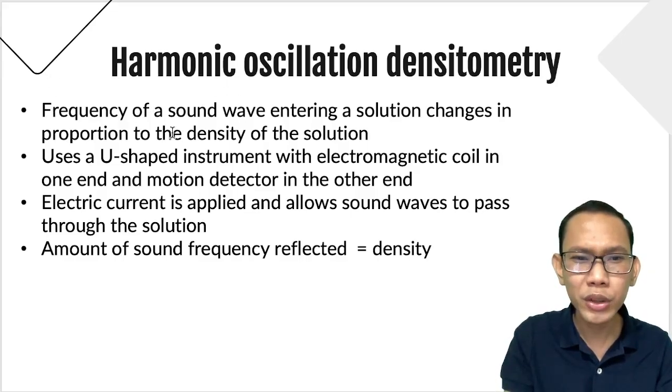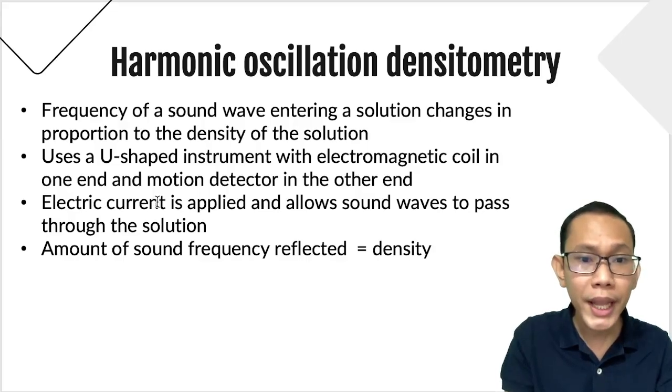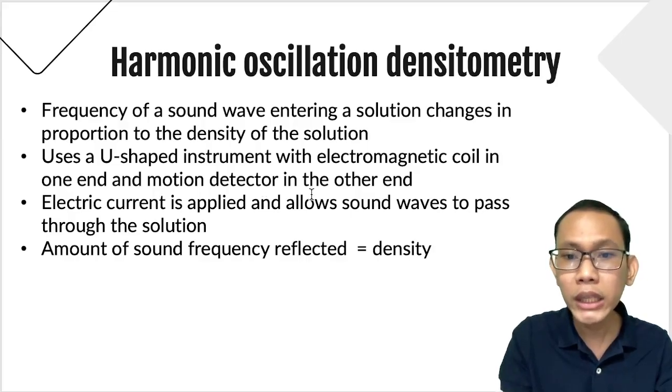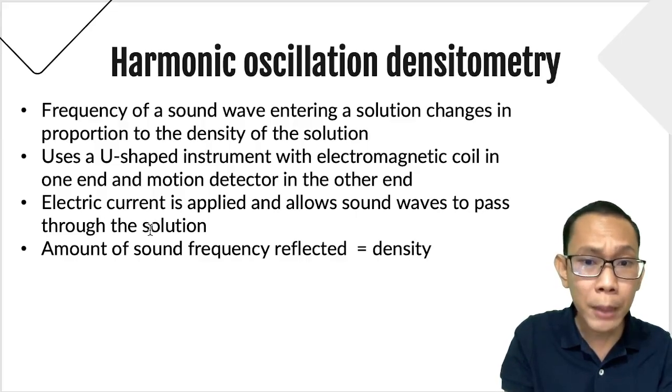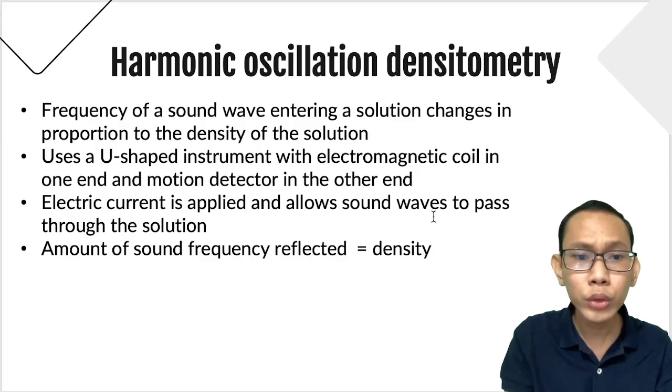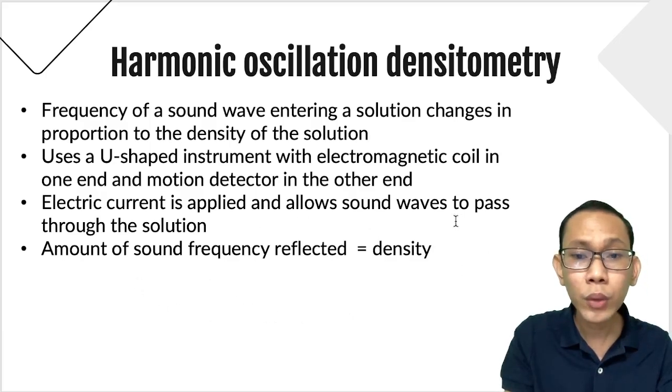So ating principle dito is more of the sound wave. It uses now your U-shaped instrument with electromagnetic coil in one end and motion detector in the other end. Then your electrical current will be applied and will allow the sound waves to pass through the solution. So therefore, the amount of sound wave frequency reflected will be equivalent to the density. So that will be now your specific gravity.